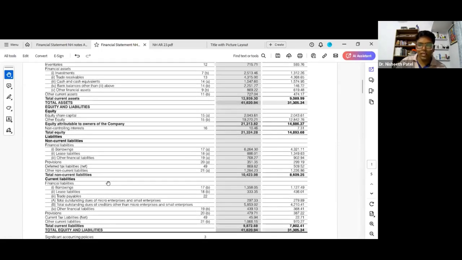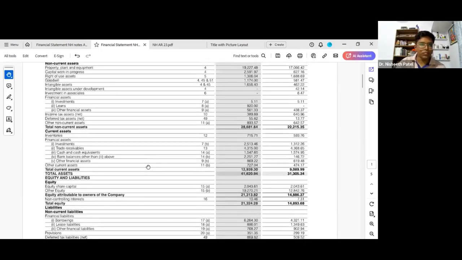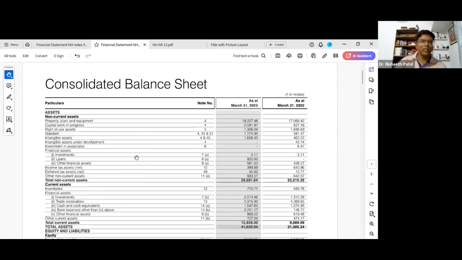You can see that the assets and the liabilities are exactly equal, they should match on both sides. The company has a non-current asset, that is a long-term asset of more than 1 year, property, plant, equipment of 19,227 million. Each and everything is written in the statement.